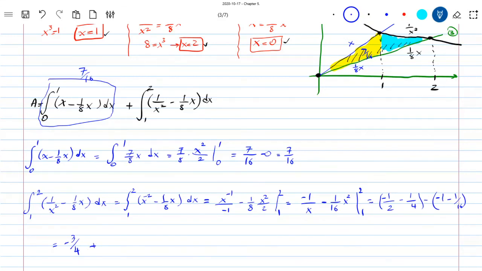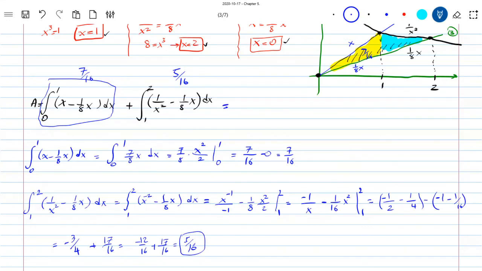With the negative it becomes plus 17 over 16. With common denominator 16, you get negative 12 over 16 plus 17 over 16, which is basically 5 over 16. It's important that the result is positive. That tells you that you correctly subtracted the top minus the bottom function. So what we found is 5 over 16 in this area.